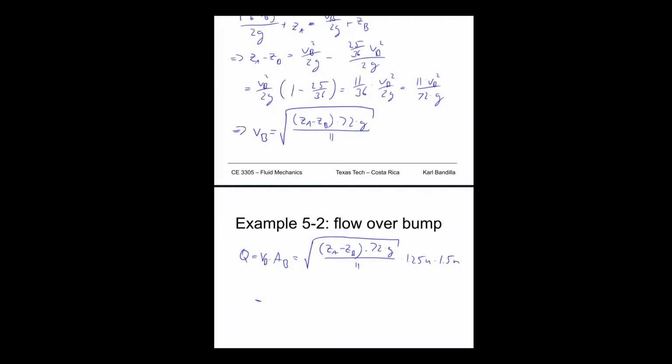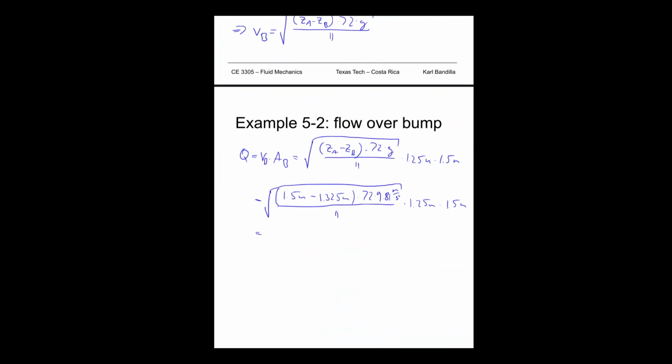And then we can plug all those other values in. So again, square root of, at A we said is 1.5 meters, at B we said 1.325 meters, so that's good, that's positive. We want to get a positive number at the end. 72. G, of course, 9.81 meters per second squared. All this divided by 11. And then times those two, 1.25 meters, 1.5 meters.